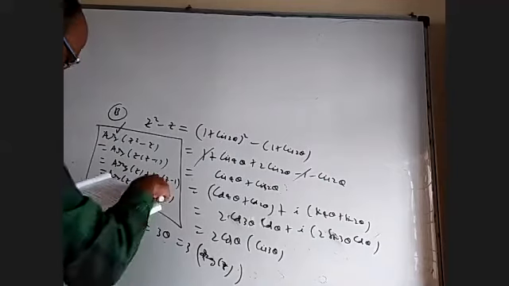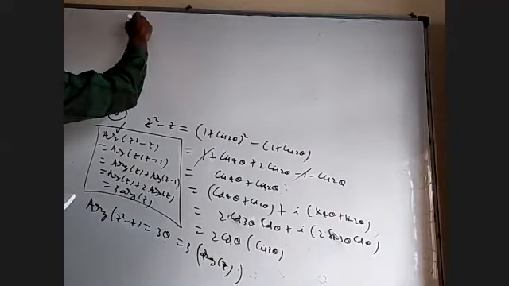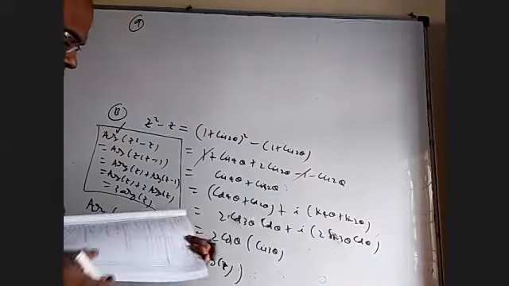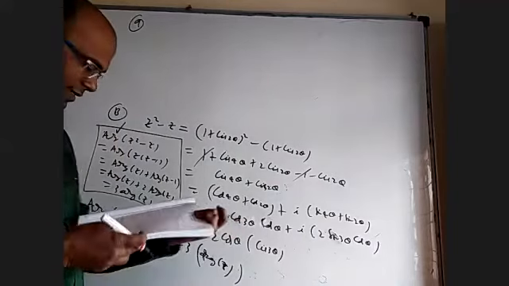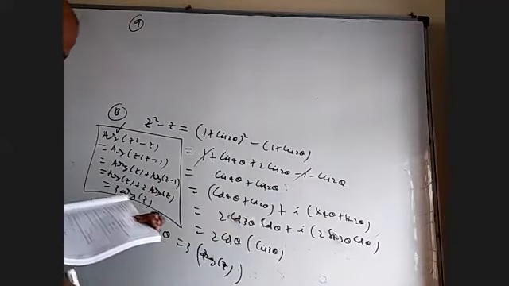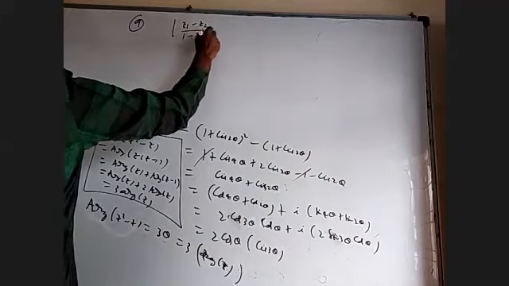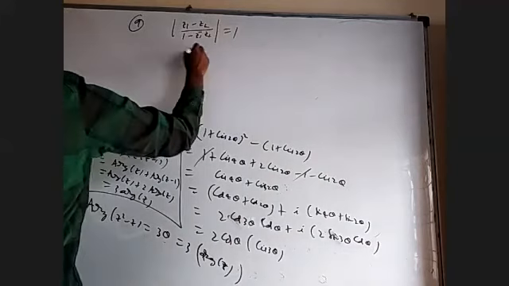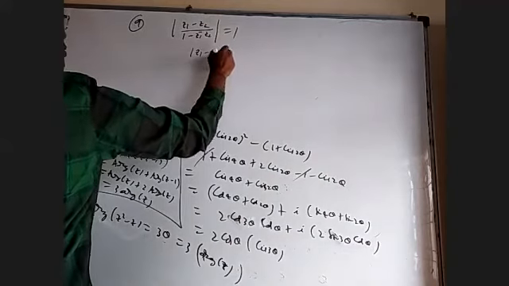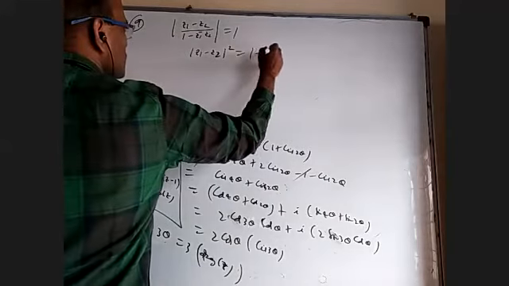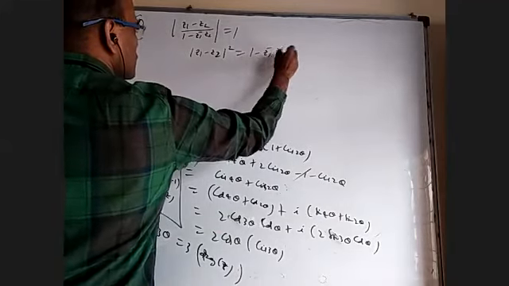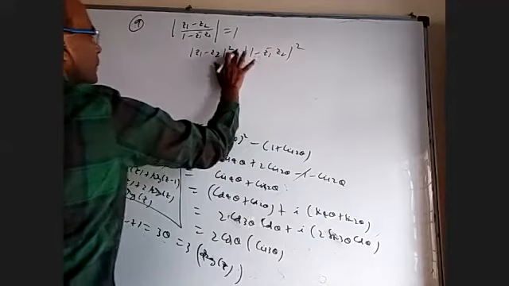Okay, the ninth question is again the same. The first question, third question and ninth question are more or less the same. There they asked when it is less than 1. Now they are asking when it is equal to 1. Mod of (z1 minus z2) by (1 minus z1 z2) is equal to 1. Mod z1 minus z2 square is equal to mod 1 minus z1 conjugate z2 square.